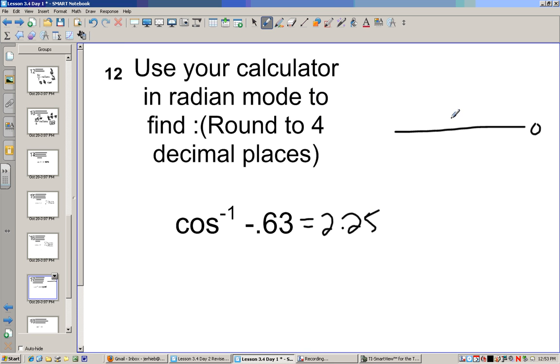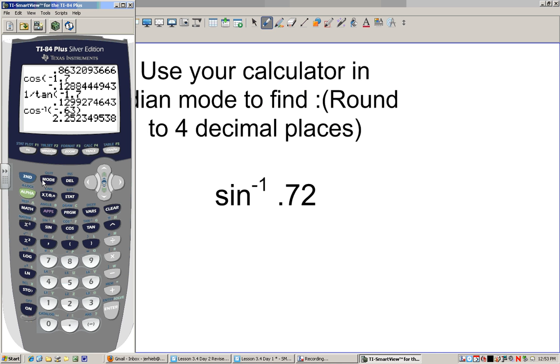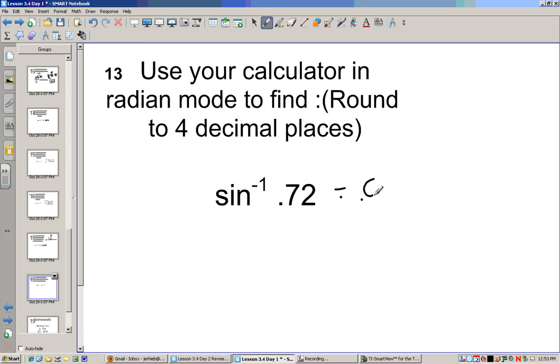And if you think about it, if pi is 180, pi over 2 is 3.14 divided by 2, which is 1.57. So the angle has to be over in this quadrant because cosine is negative. So 2.25 is a reasonable answer. Inverse sine of 0.72 is 0.803. I can't write, but hopefully you can see that that's 0.803.